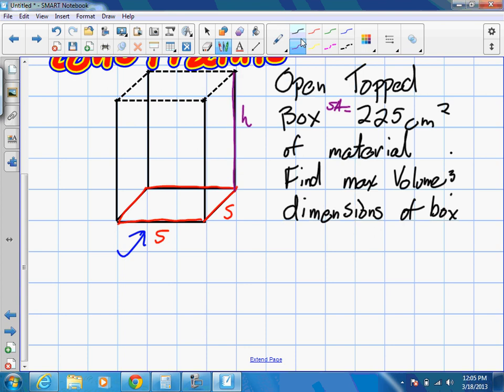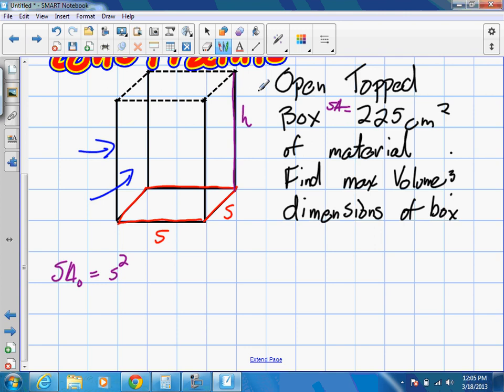So the surface area of this object, we'll just call it O in this case, is going to be the area of the bottom. How can I find the area of the bottom of this? S squared, S times S. So we have S squared. And then what I have is 4 more identical shapes, okay? And the reason they're identical is because this is a square on the bottom. So how do I find the area of this face here?